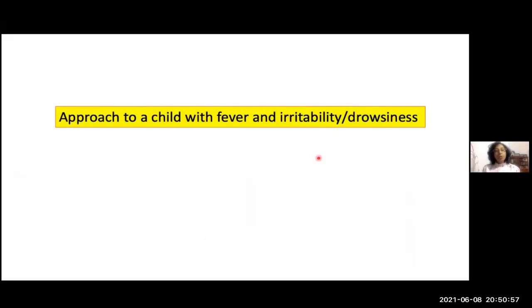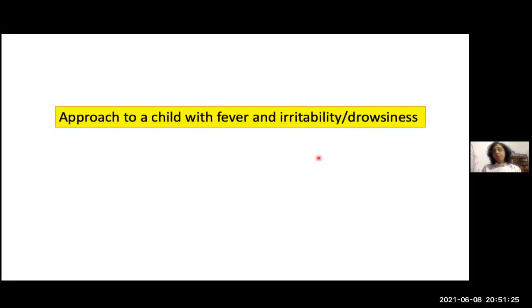Now let us move on to a child presenting with fever, irritability, and drowsiness. Right. So when parents bring their infant or the young child with these symptoms, you have to be very vigilant, right? So the parents can't figure out why their child is having fever and so irritable.